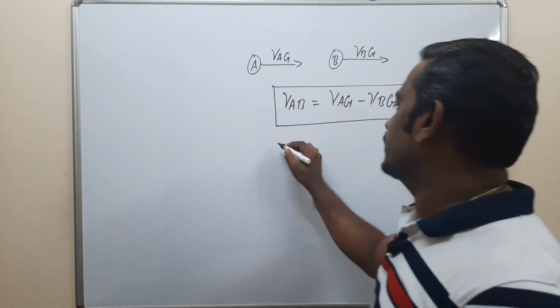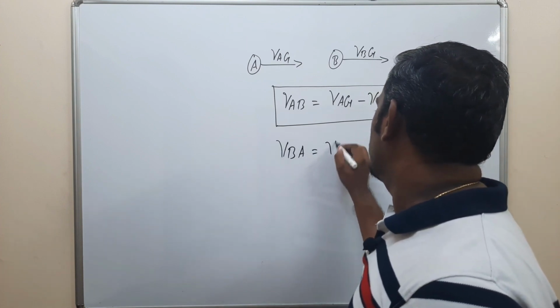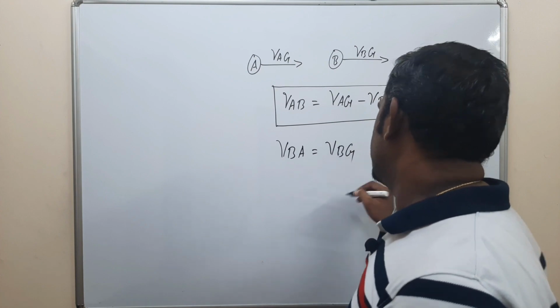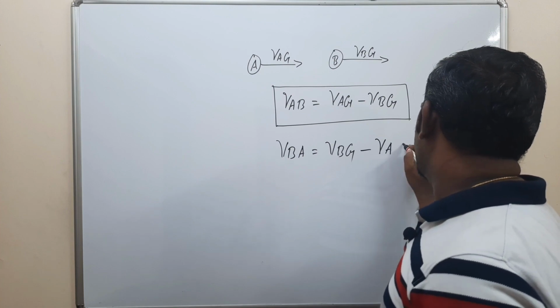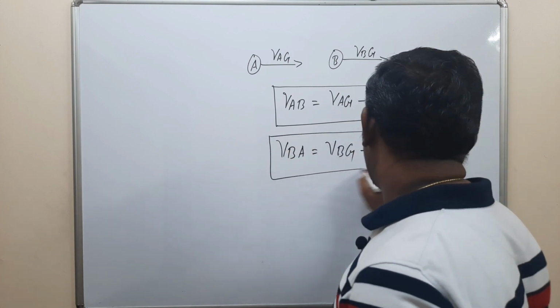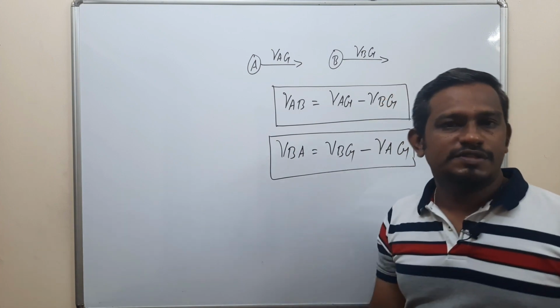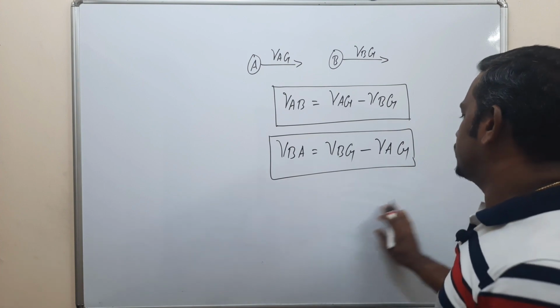Similarly, the velocity of B with respect to A is equal to Vbg minus Vag. These are the 2 formulas you have to keep in mind for solving the problems of relative velocity, and also the sign convention.